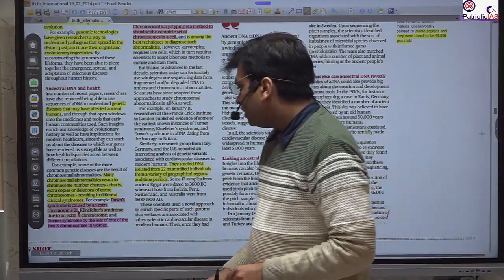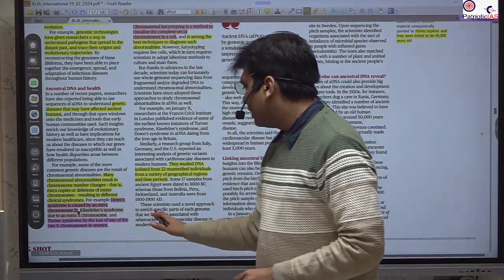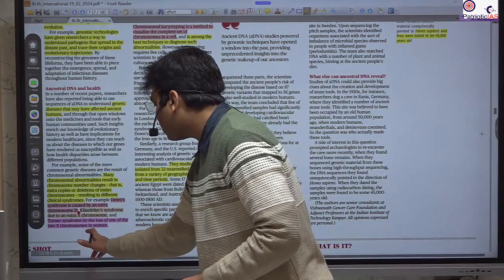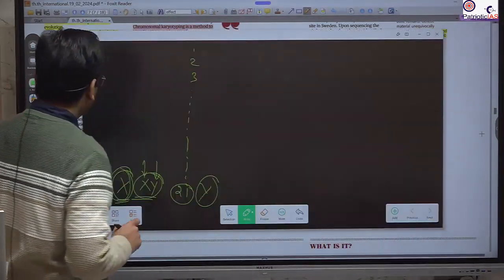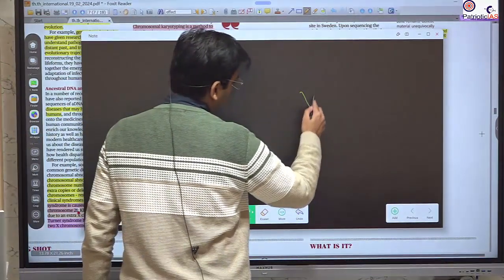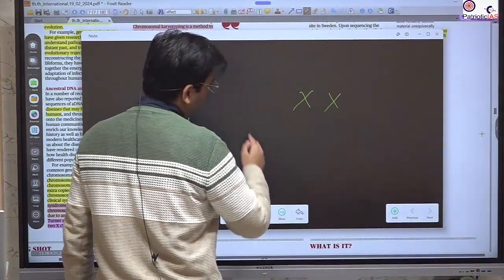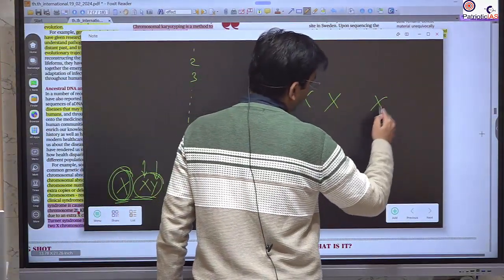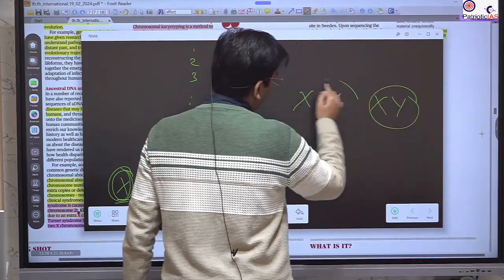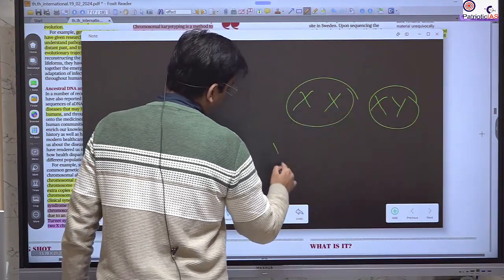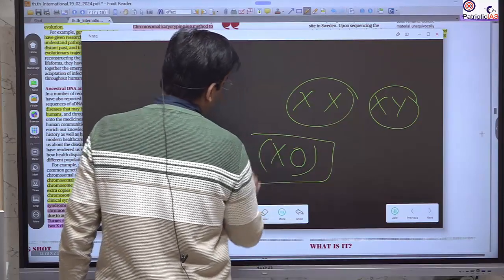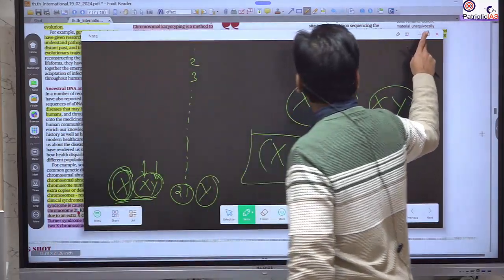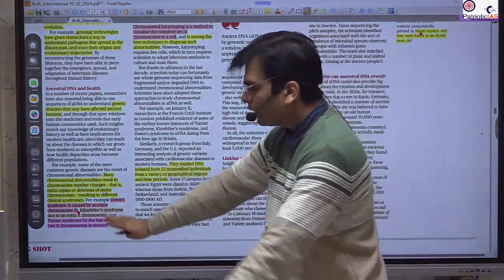Okay, and Turner syndrome is caused by the loss of one of the 2 X chromosomes in women. For example, you should know that for women it is XX, and for males it is XY. So if in a woman only one X is there and one is missing, it will be Turner syndrome.